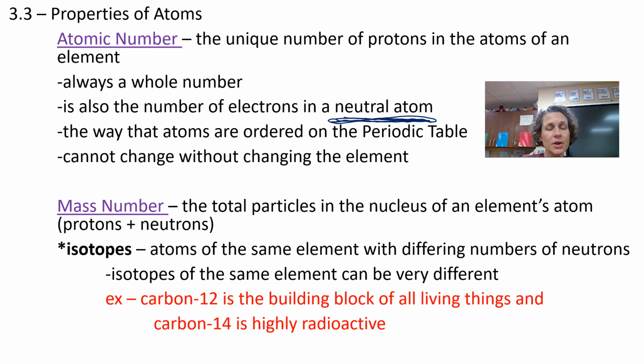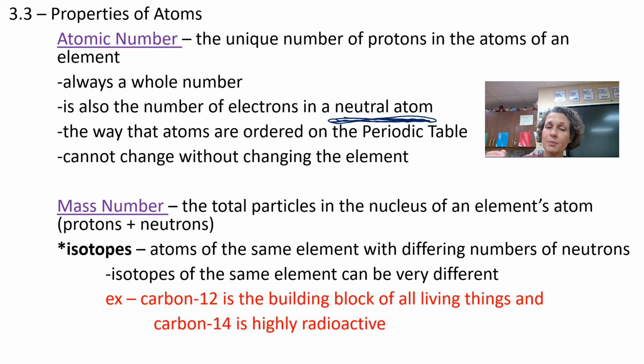As long as the protons stay the same, the neutrons can change in any way that they want to. It will still be the same element, but it will be an isotope of that element. Typically, an element has, in nature, and we always discuss the naturally occurring isotopes, anywhere from 2 isotopes to 5 or more. It just depends on the element itself.